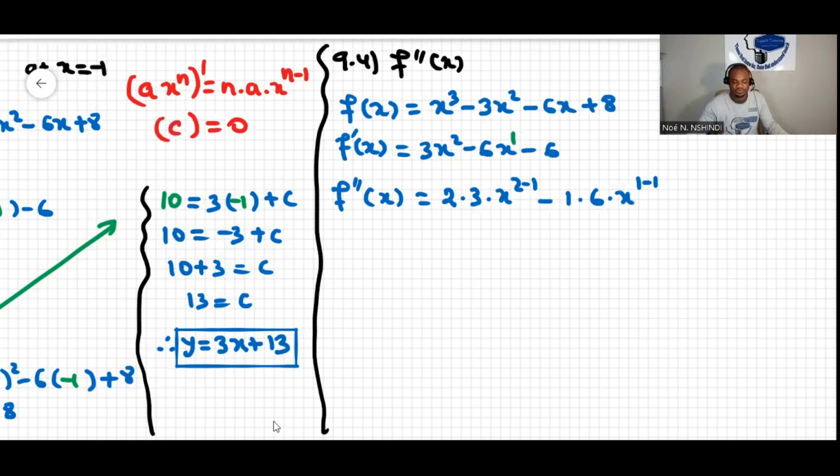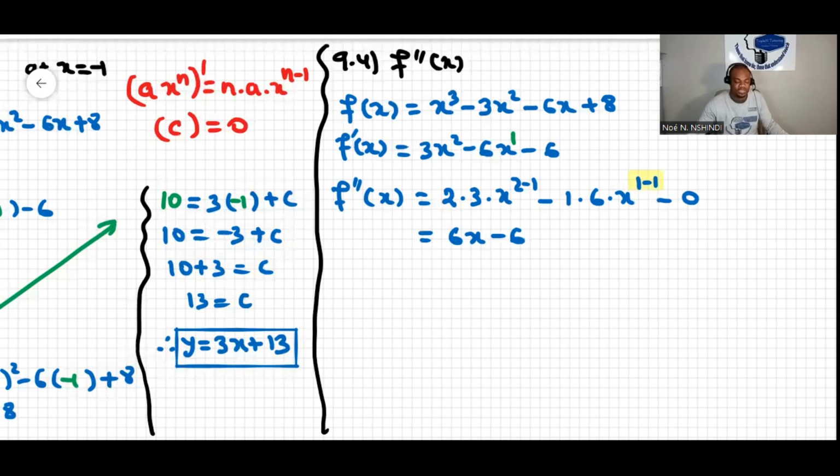So that's going to be minus 0, and then the second derivative here will be 2 times 3 is 6, and then x to the power of 1. I don't need to write the power of 1, so just 6x. Then 1 times 6 makes just minus 6, and over here 1 minus 1 is 0, and x to the power of 0 is 1.